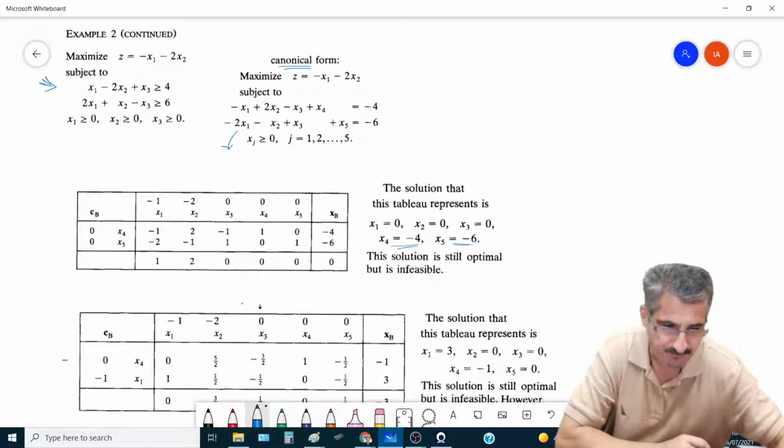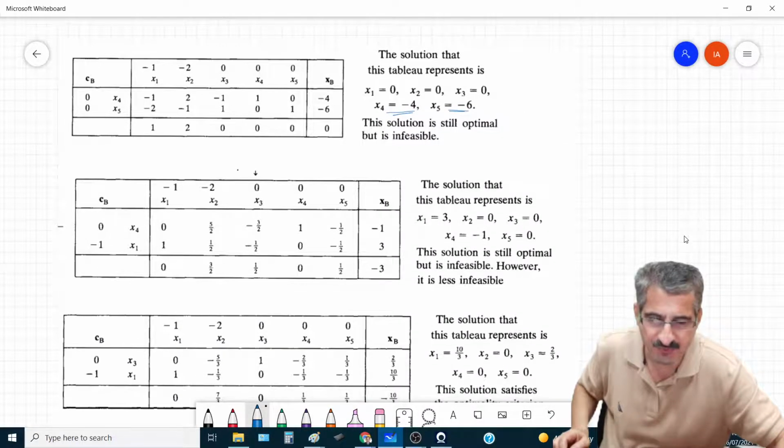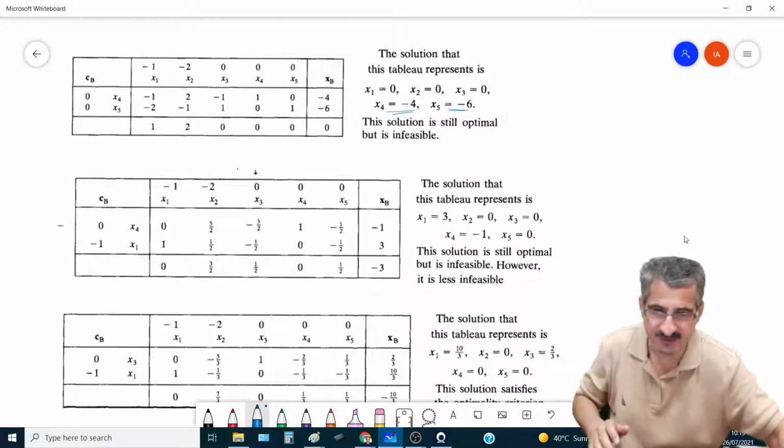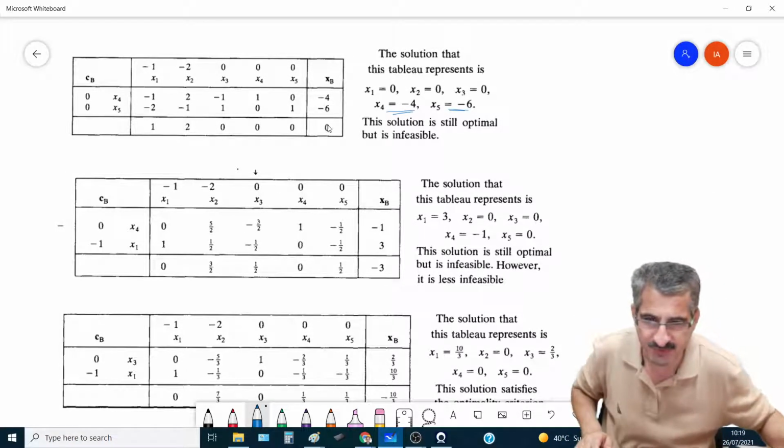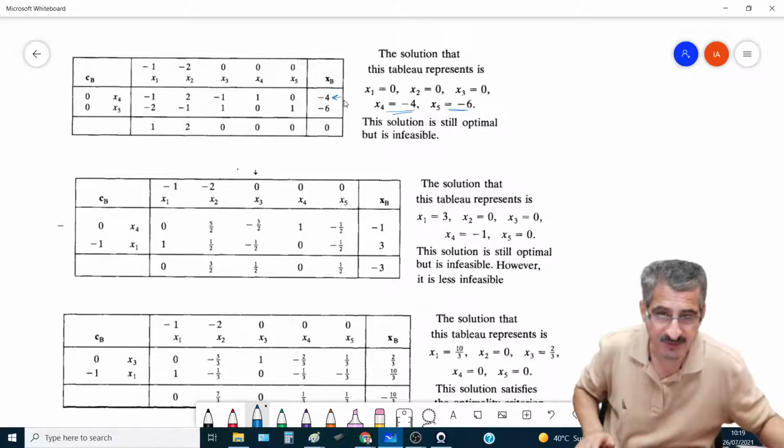Okay, now let's do the work as we have said before. So first we go to the largest negative number, which is -4. Okay, this is the way we choose.